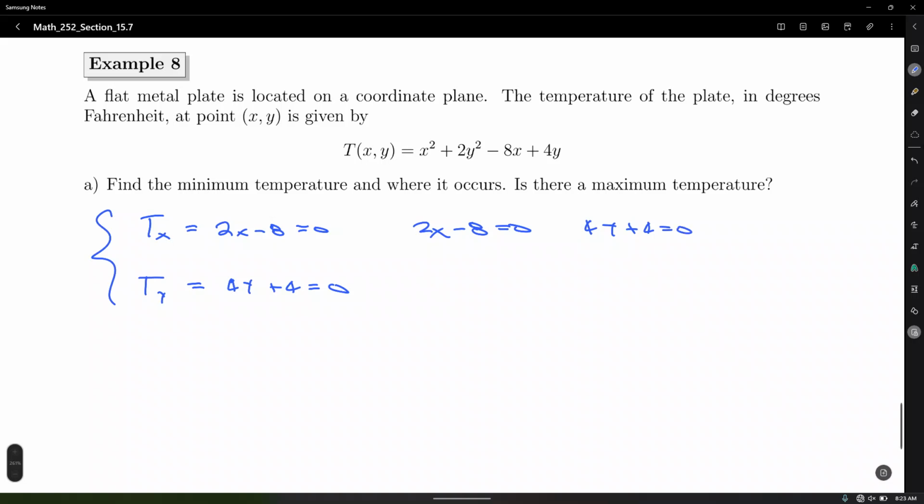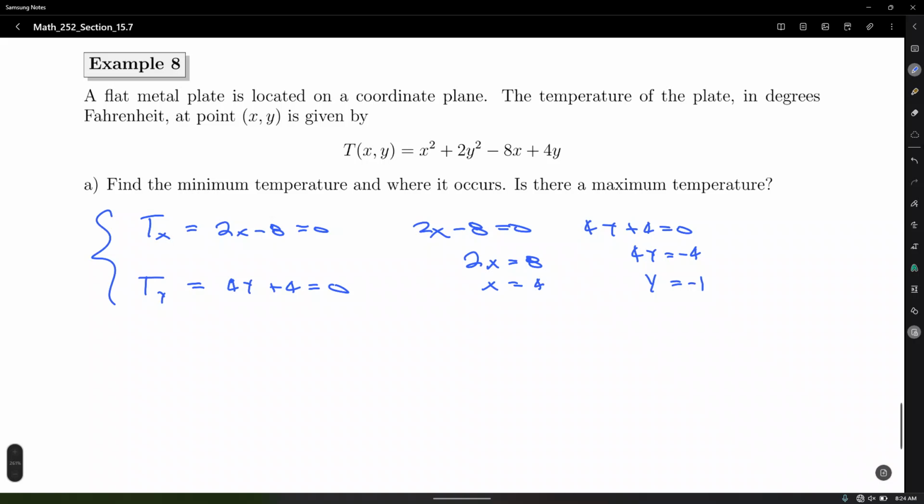Very baby equations. So x equals 4 and 4y equals negative 4, y equals negative 1. So that is our only critical point in this case.